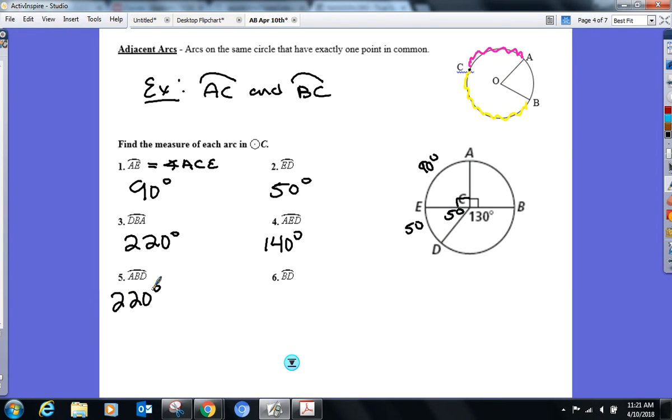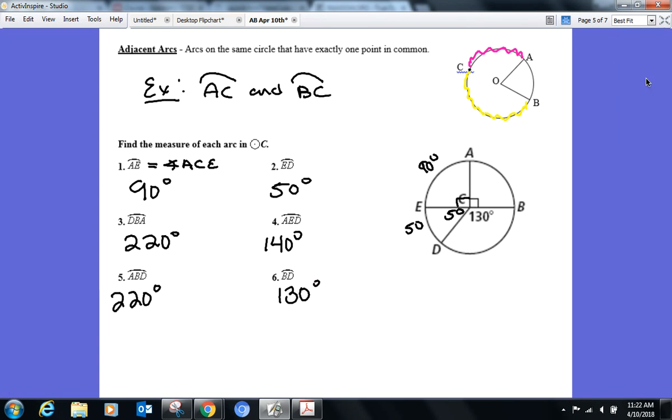And finish it off, Sean, with somebody for BD. 130. It's the same as the central angle. Guys, are we okay on this fact? Because this is the half of what I need you to pick up today. Everyone all right that the central angle is always equal to its arc measure?